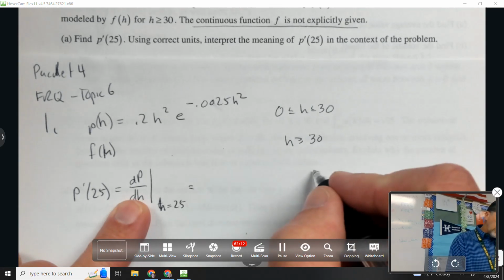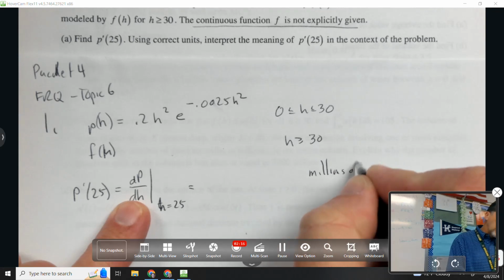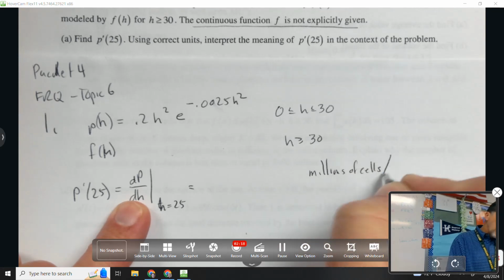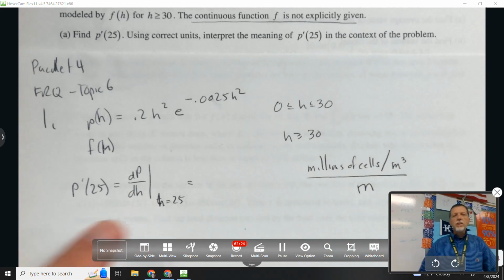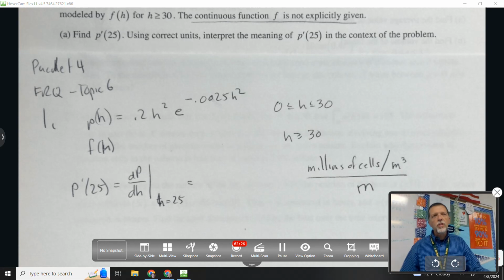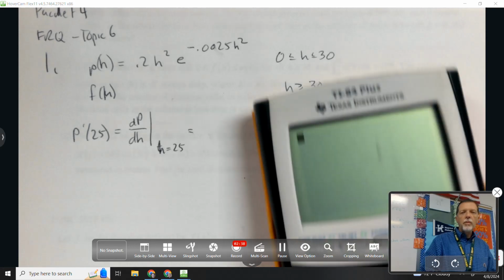P is in millions of cells per cubic meter, which is going to be a weird unit. And then h is in meters. So our unit is millions of cells per cubic meter per meter. You could make that per meters to the fourth, but that sort of loses the meaning of the derivative if you do it that way.